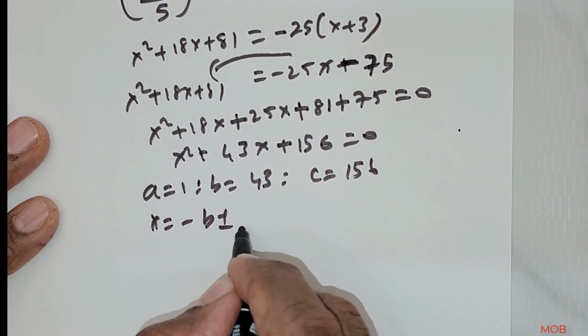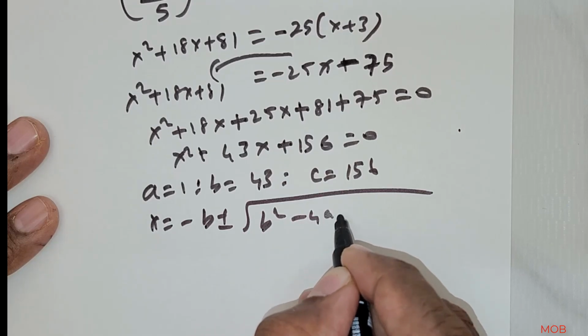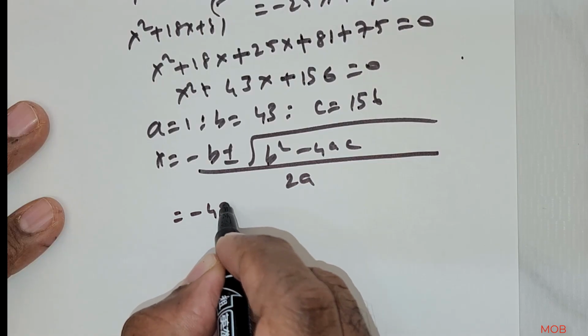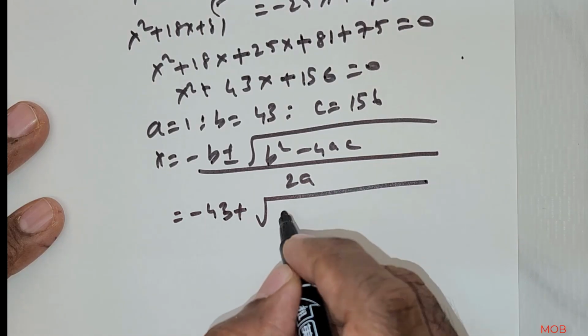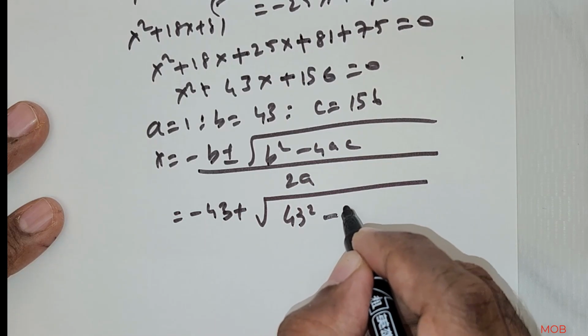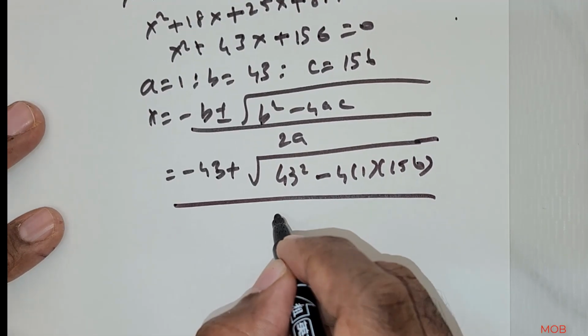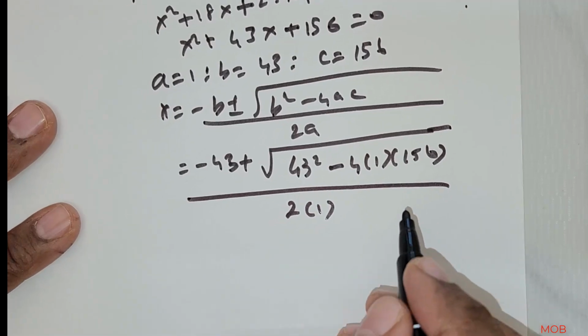x is equal to negative b plus or minus the root of b² - 4ac, divided by 2a. So this is negative 43 plus or minus the root of 43² - 4 times 1 times 156, divided by 2 times 1.